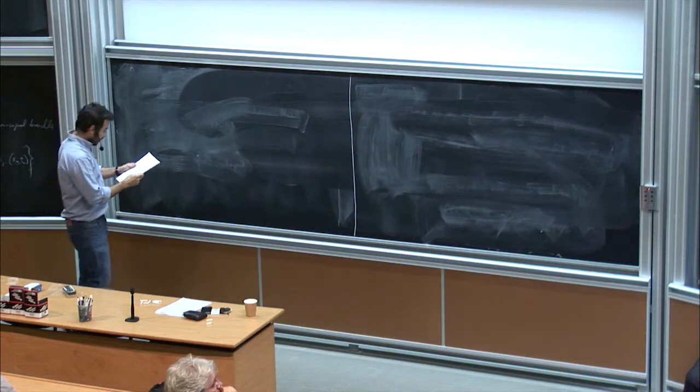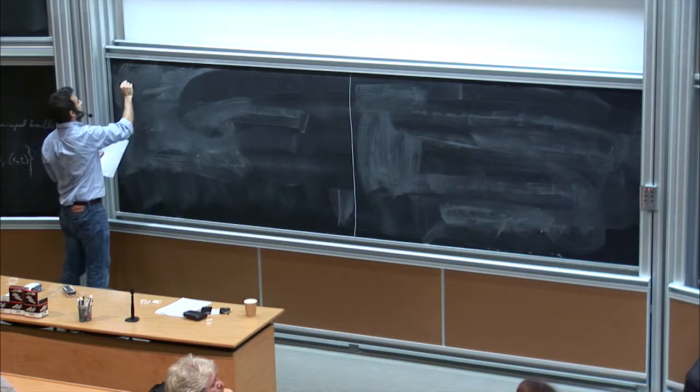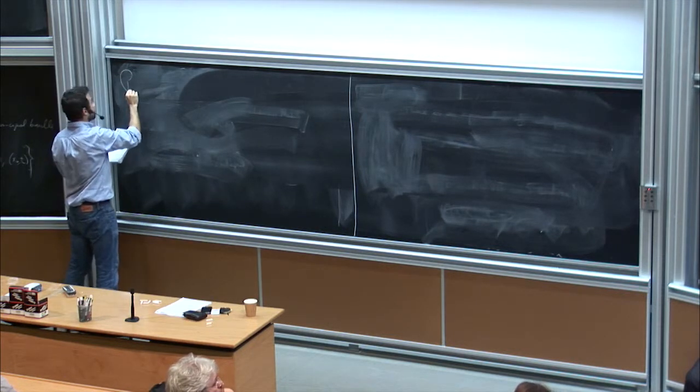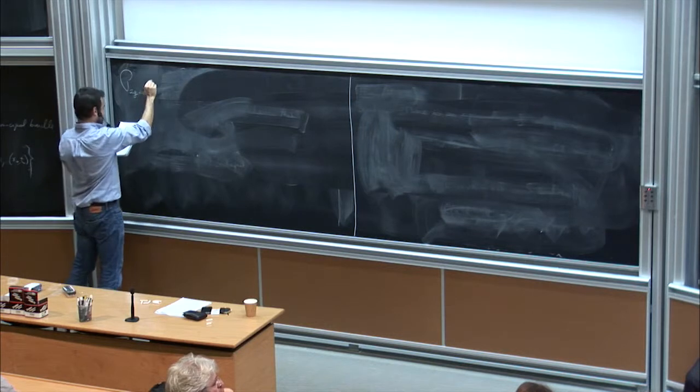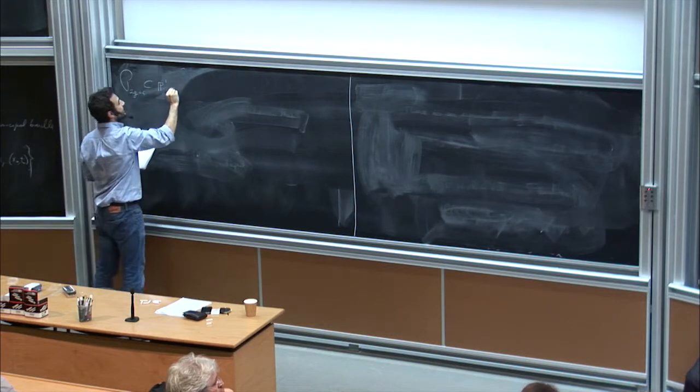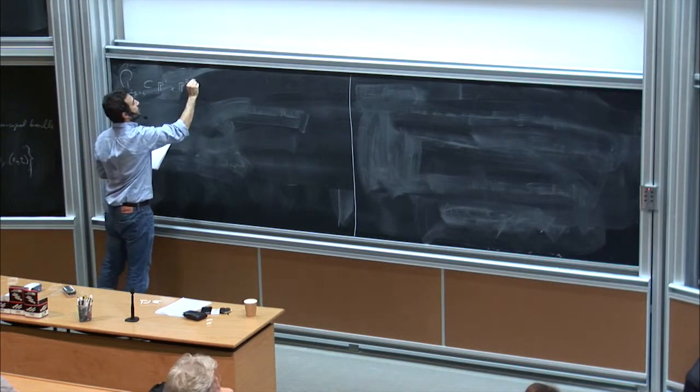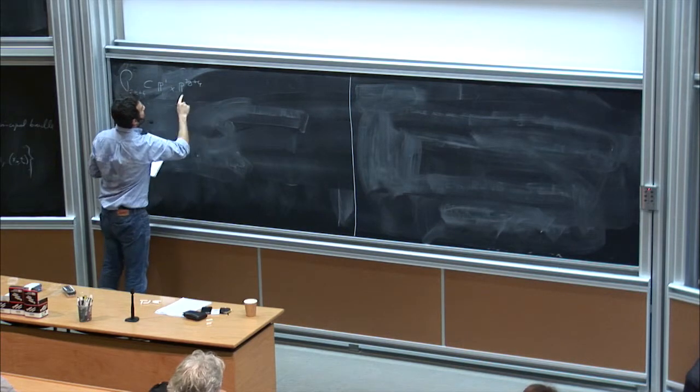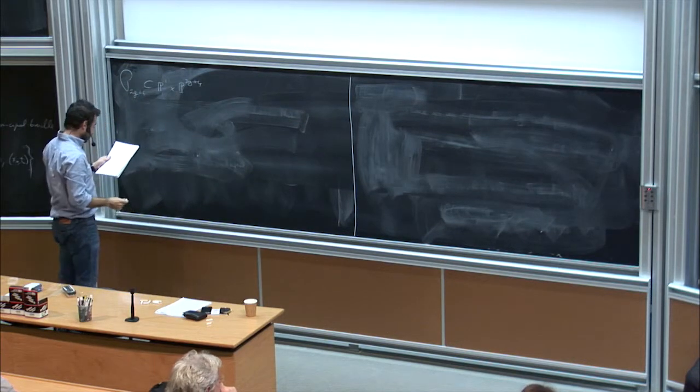So now I want to consider a hypersurface, which I will call calligraphic P, inside P1 times P^{2g+4}, which is defined by the following equation.